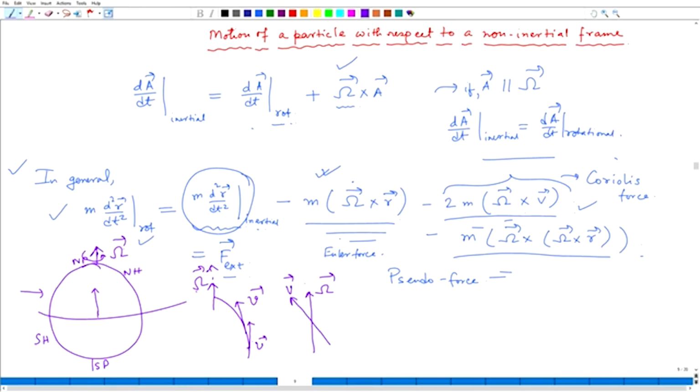Okay. Now, you just have to calculate omega cross v, and even if you do not calculate the whole thing, you just have to understand the direction. So, omega cross v with a minus sign is nothing but v cross omega. Okay.